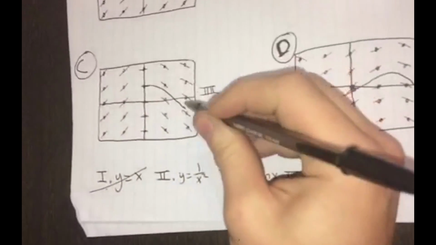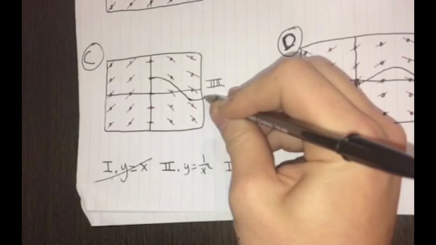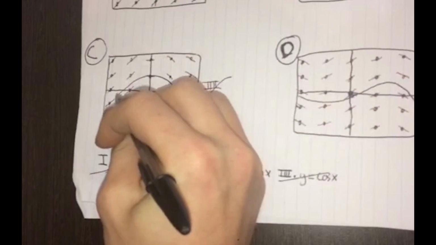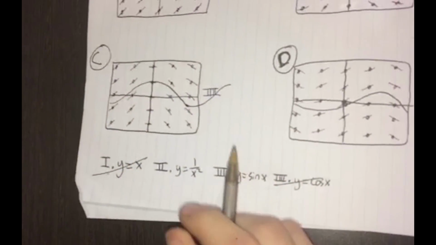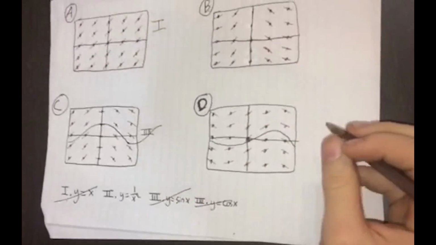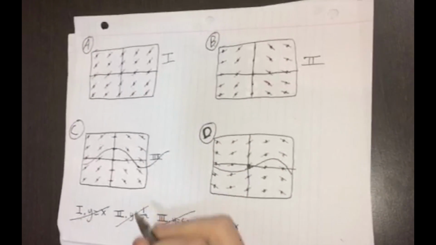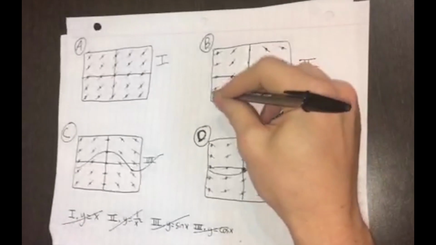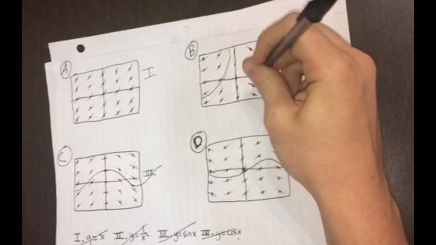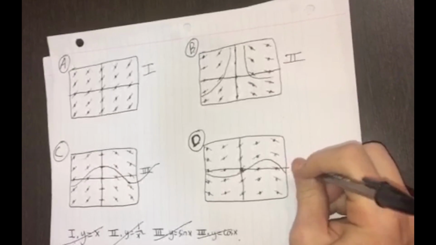To continue this graph, sorry about that, folks, it would continue to go up. And that looks like cosine to me. All right, and then through process of elimination, we know B would be 2, which is y equals 1 over x squared. And it would look something along these lines. And this one would be 3.